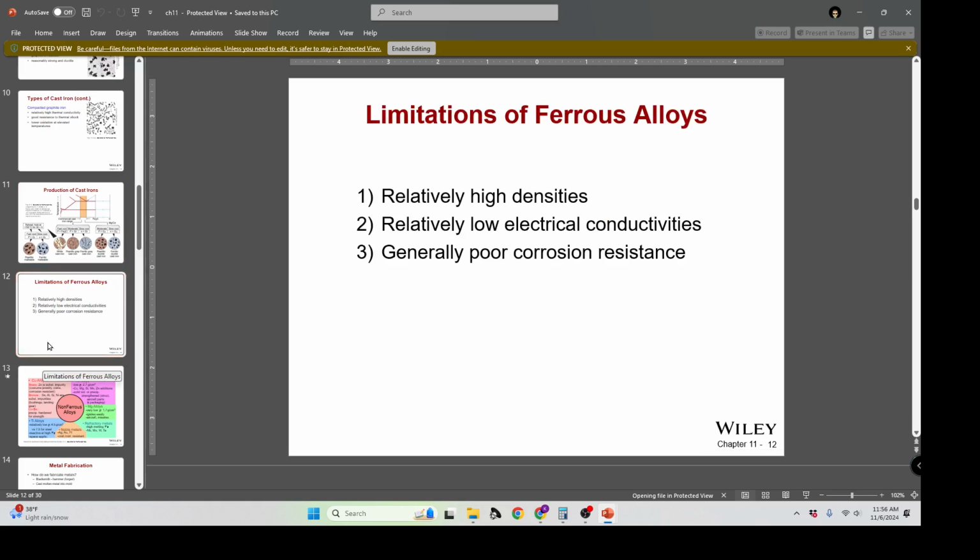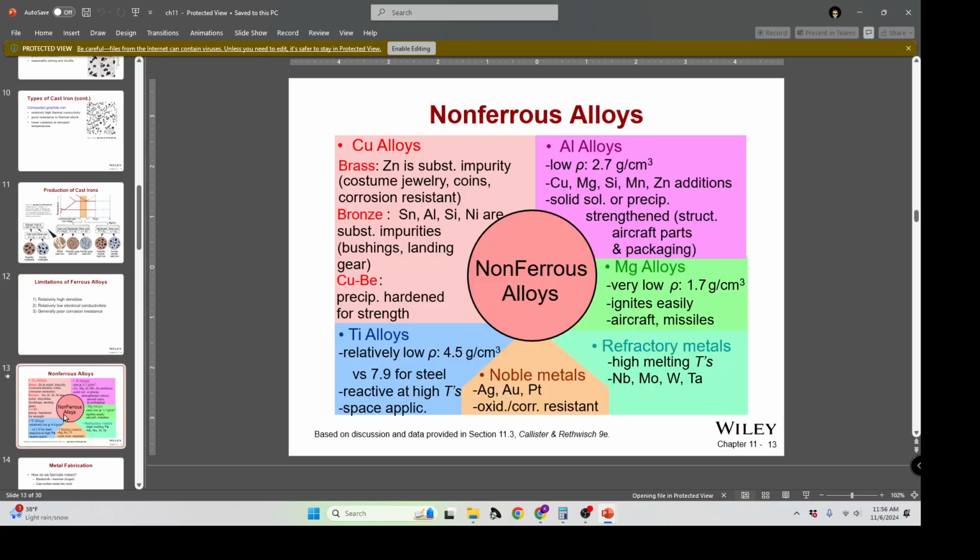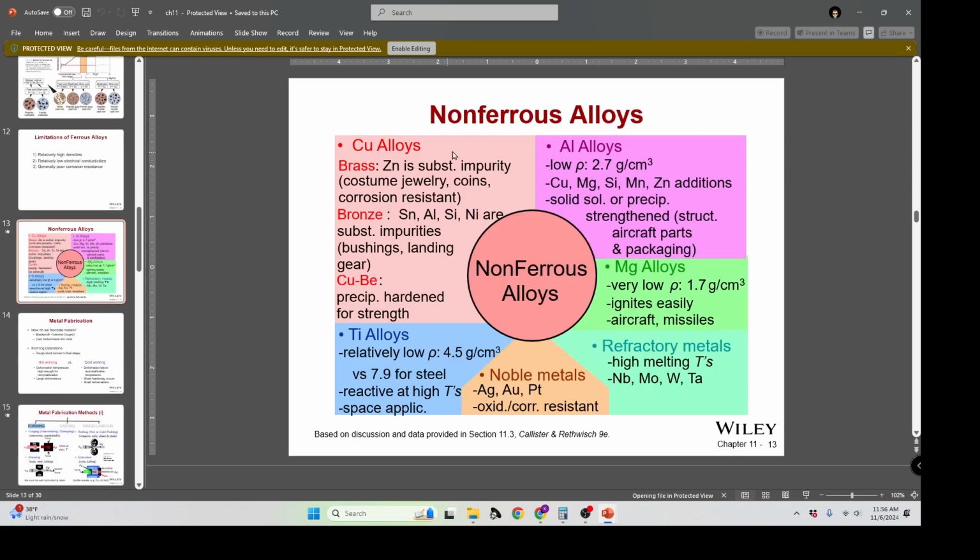So the ferrous alloys have high densities, meaning they're heavy. They have low electrical conductivity, so they're not really good for electronics. And they have poor corrosion resistance because that's just the nature of the material.